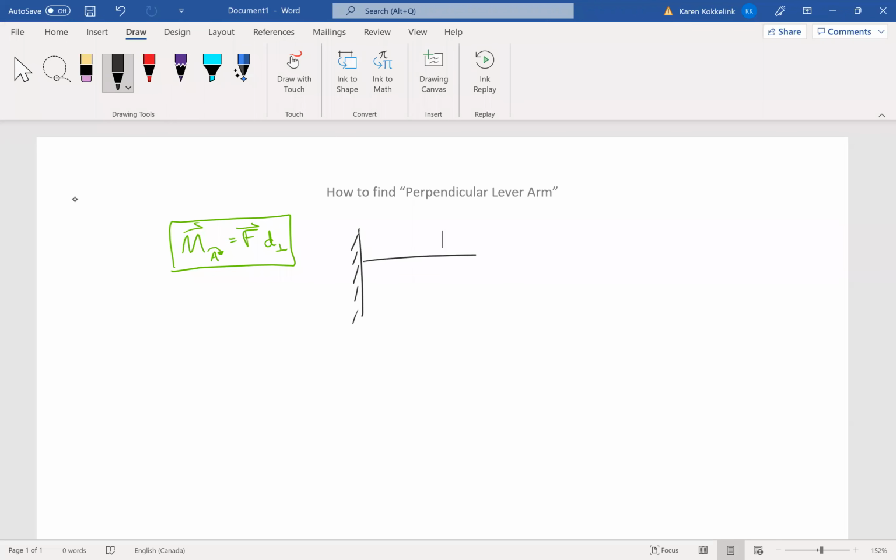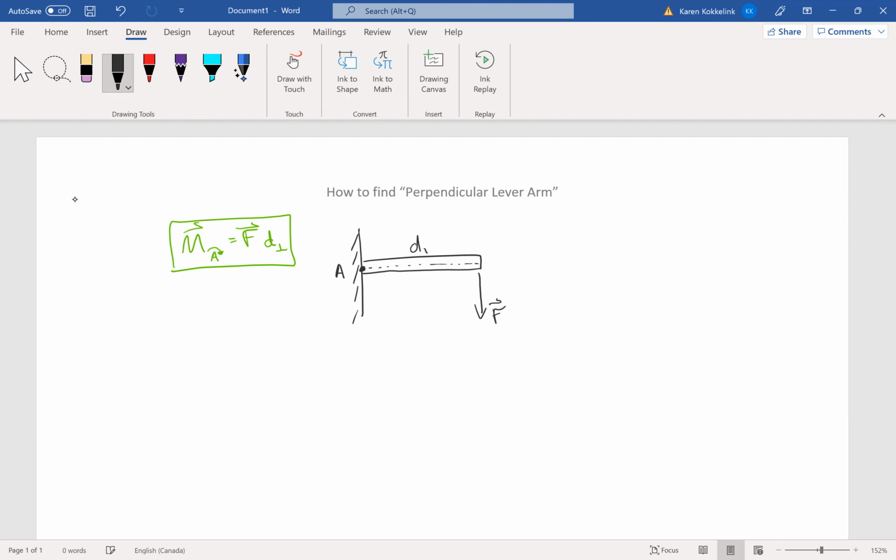If we have a basic case of a beam and that beam is loaded on the end, then it's easy. If this is the force down, and this is point A of rotation, then the perpendicular distance is just going to be the length of that beam. But we don't want to get confused and always take that as the perpendicular distance.